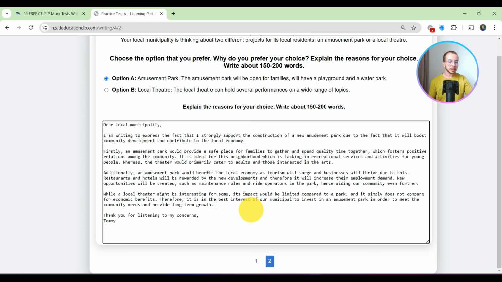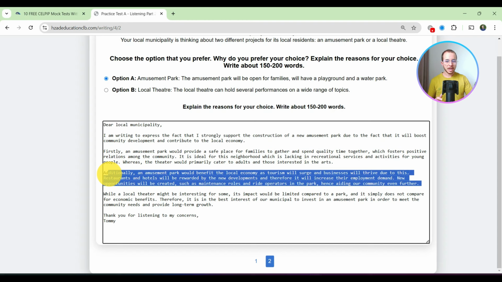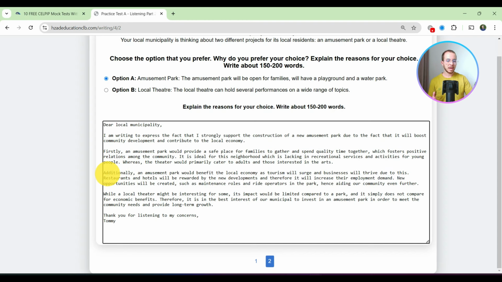New opportunities will be created, such as maintenance roles and ride operators in the park, hence aiding our community even further. Great complex sentence structures here and a lot of vocabulary. Economy, surge, thrive, development, employment demand, opportunities, maintenance roles, operator. I really focused heavily here, and I'm super satisfied with that paragraph.